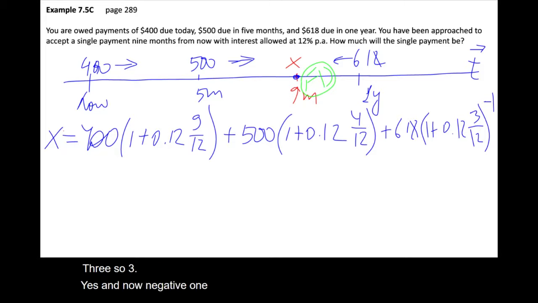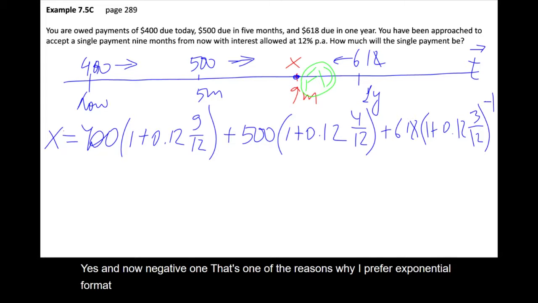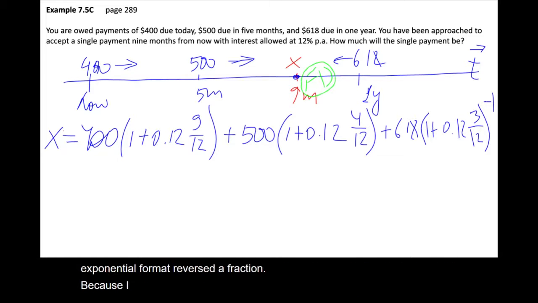That's actually one of the reasons why I prefer the exponential format, reversed to fraction, because I can decide whether it's present or future value basically at the end, right? Now let's calculate it.